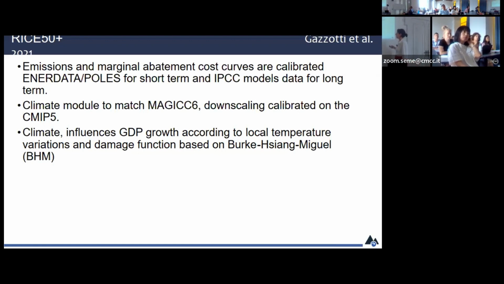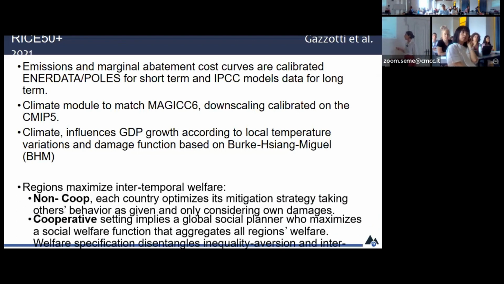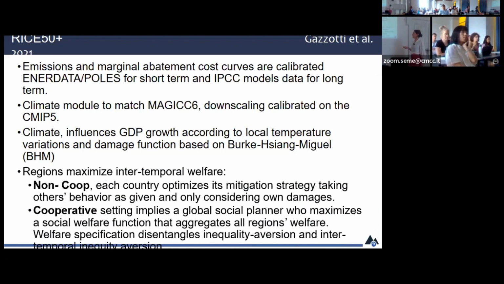There are various variations that you can get from the empirical paper. Regions maximize intertemporal welfare in a non-cooperative setting, so each country optimizes its mitigation strategy, taking other countries' behavior as given, or in a cooperative setting, imagine a global social planner that is forcing cooperation.